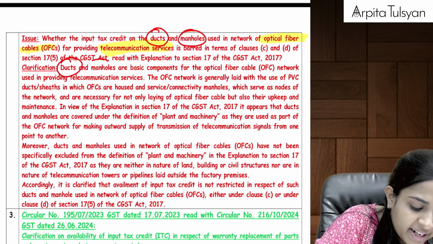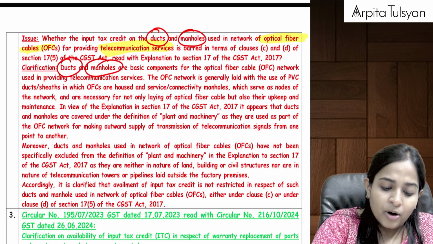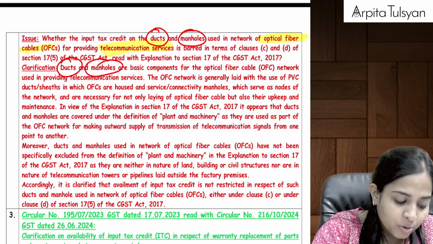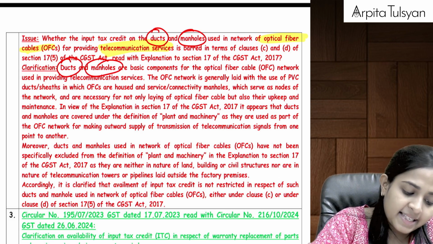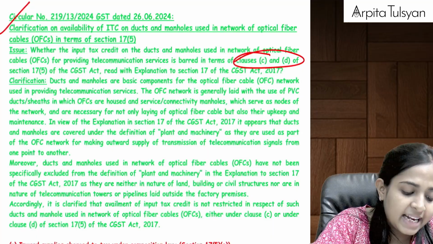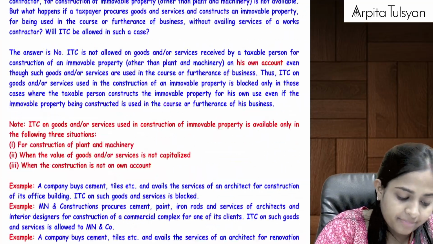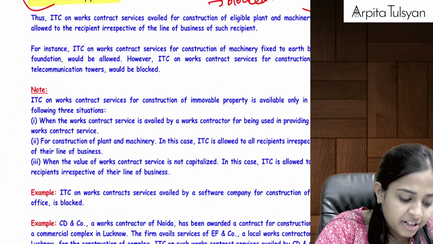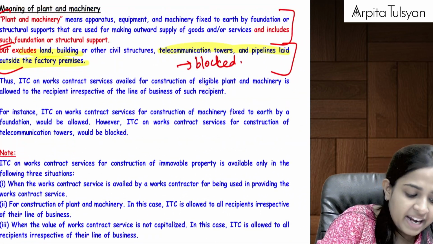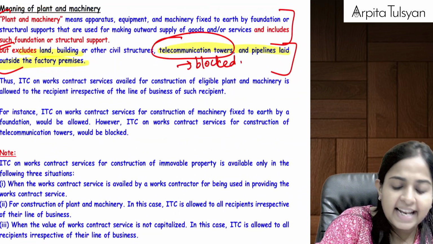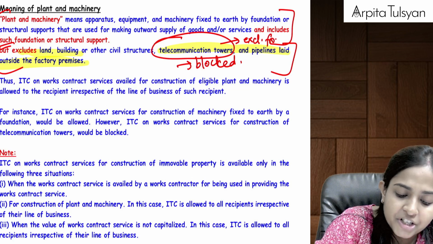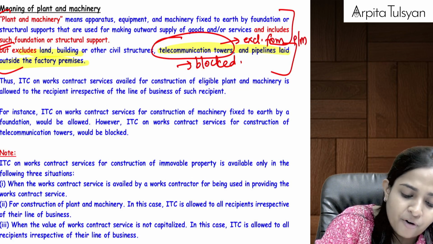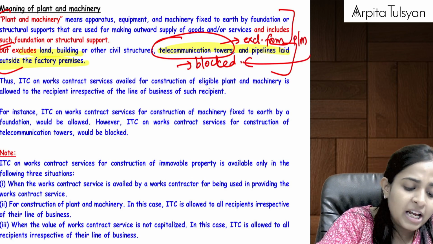Now when these ducts and manholes are made, the question arises. Whenever we are constructing any telecommunication tower, that was excluded from plant and machinery. Excluded from plant and machinery means it was totally blocked.